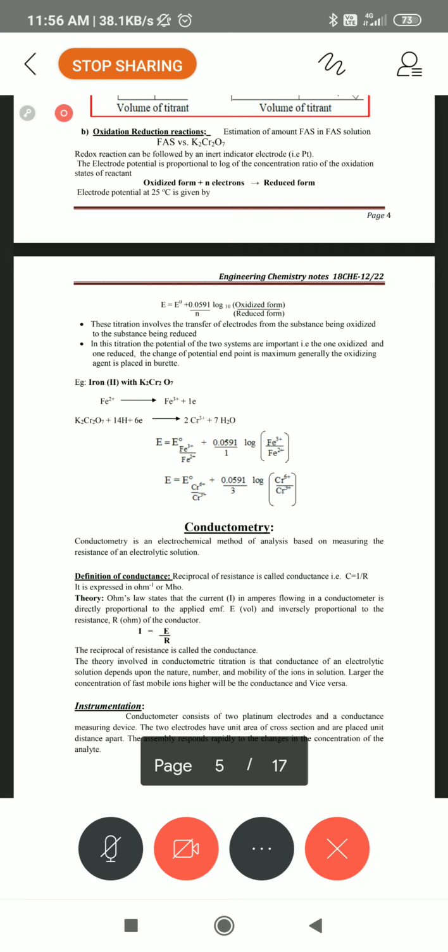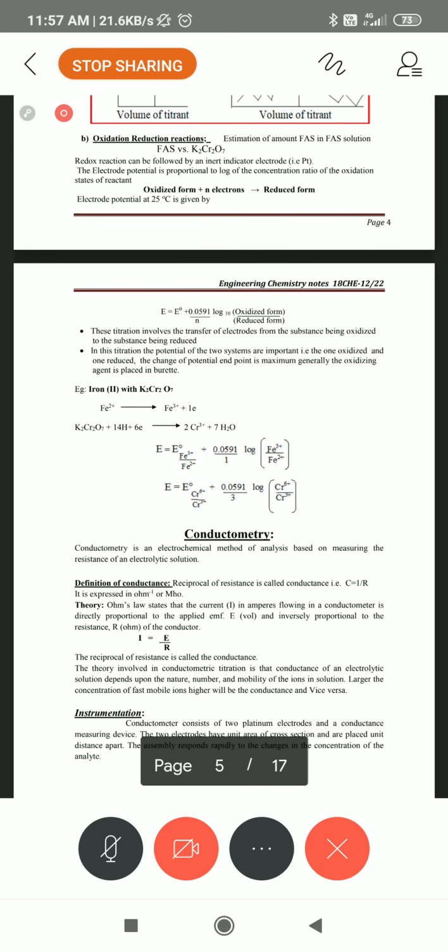potentiometry. In potentiometry, the definition is the measurement or determination of the equivalence point of a redox titration on the basis of potential measurement. This definition continues for all, whether it is the potential measurement of EMF of electrodes or anything else.